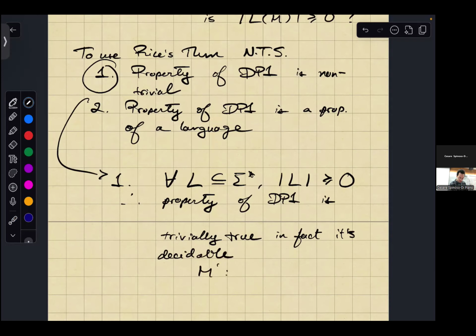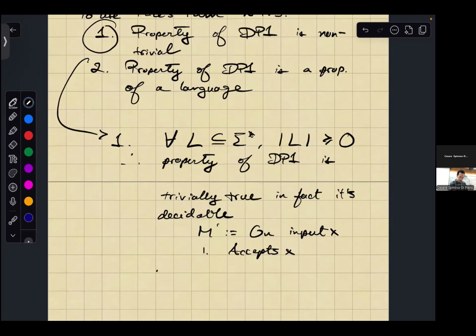Let's create M prime, which on input X accepts X. So this Turing machine M prime decides decision problem 1. In this case, I cannot use Rice's theorem because actually the problem was not undecidable to begin with. So this is one example. Is this clear?